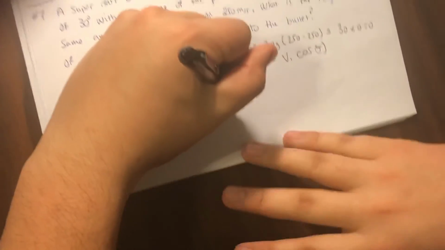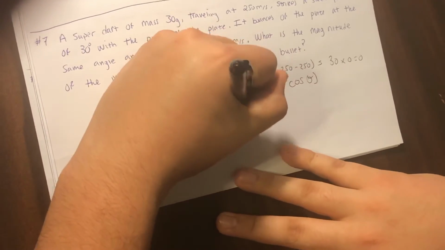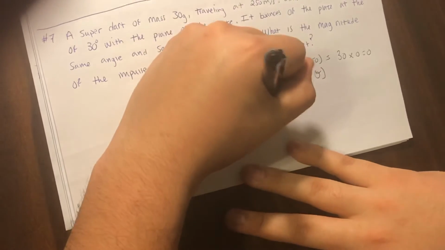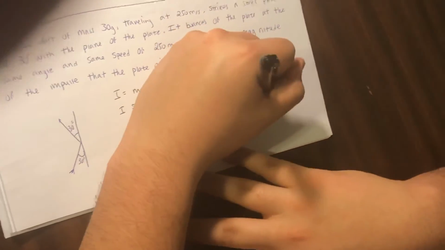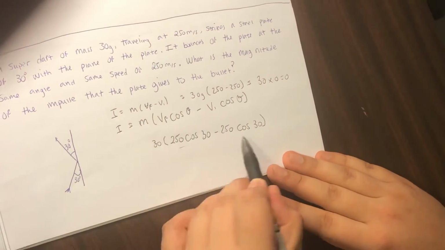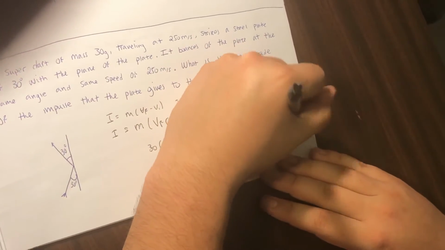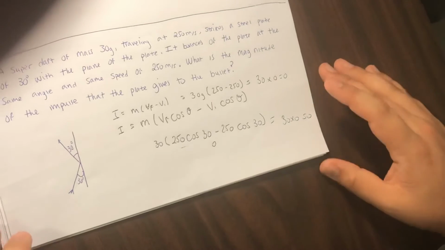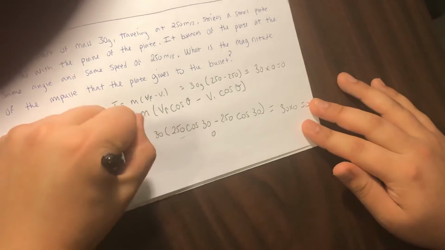So it'd be 30 times velocity final, which is 250, cosine of 30, minus velocity initial, which is 250, cosine of 30. So this minus this equals 0, so it's the same. It equals 30 times 0, which equals 0. So the magnitude of the impulse on the dart is 0.